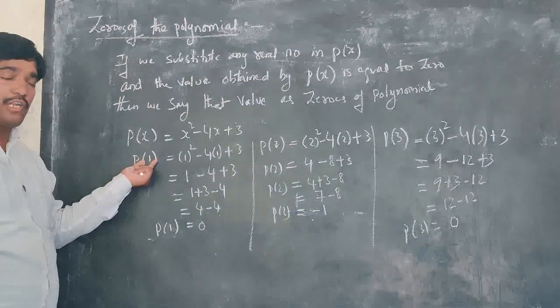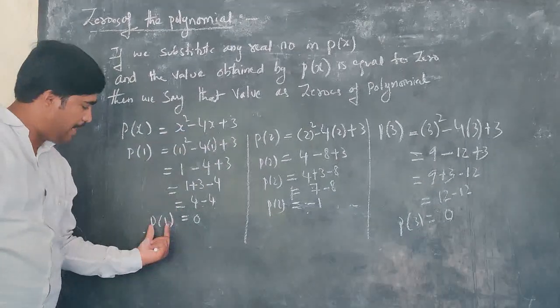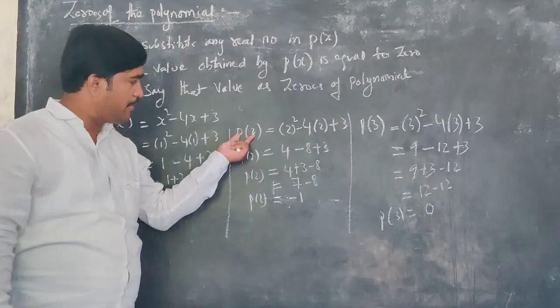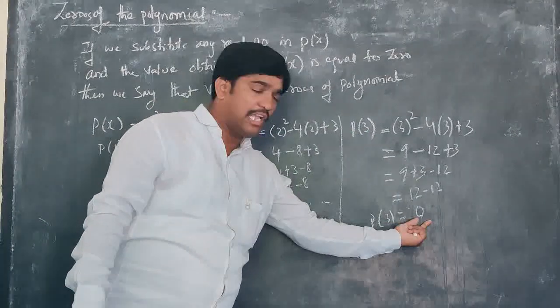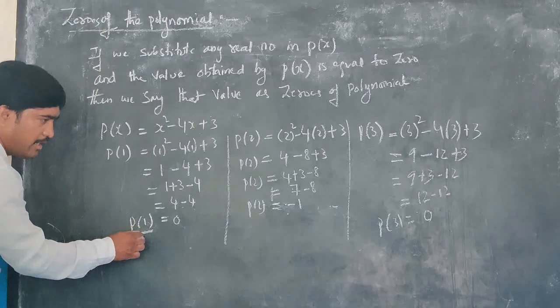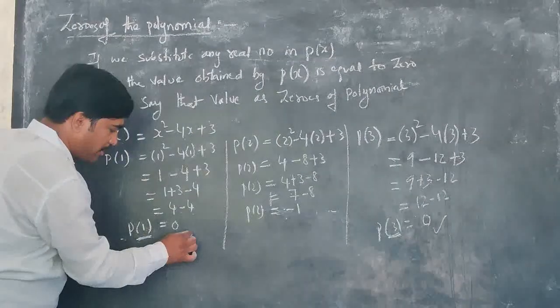Now if you observe among the three different values of a real number that we substituted, if you substitute 1, the value is 0. Similarly, for P of 2, the value is minus 1. For P of 3, the value is 0. Among these three, only when I substitute 1 and 3, the value is equal to 0.